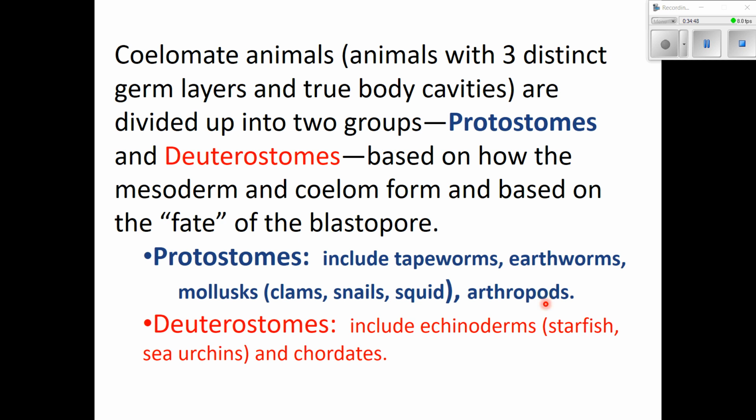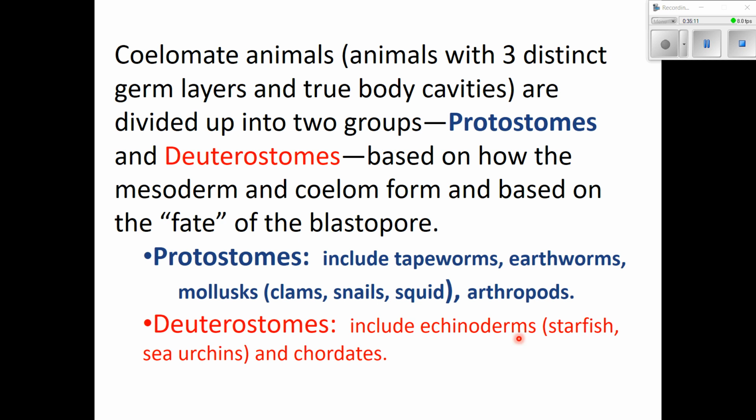That's the protostomes. The deuterostomes is us, chordates, animals that actually have a spinal cord. So that's mostly we're talking about vertebrates there. So fish, amphibians, reptiles, birds, and mammals. But interestingly, it also includes echinoderms like starfish and sea urchins.